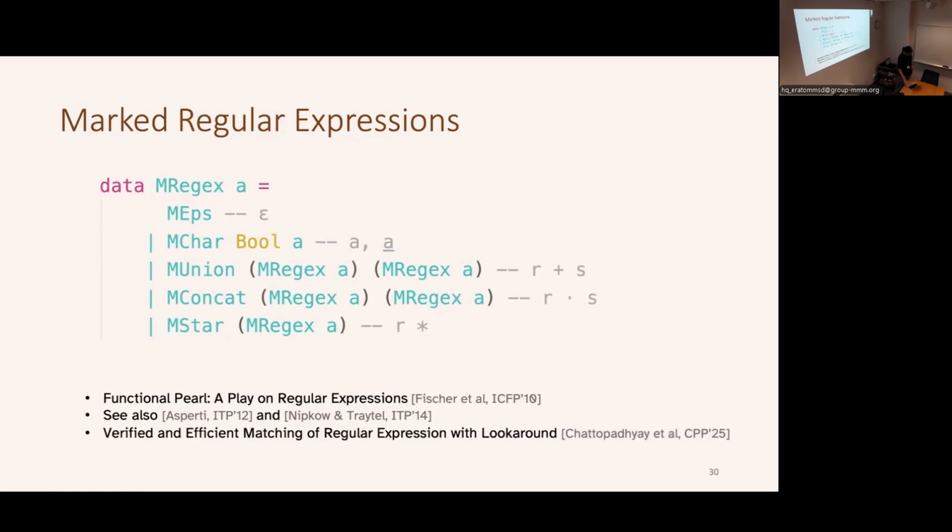And one of my papers, which is going to be presented at CPP next year, is also about the lookarounds problem, but I do not use derivatives. I use this technique instead, which also uses this marked regular expression approach.